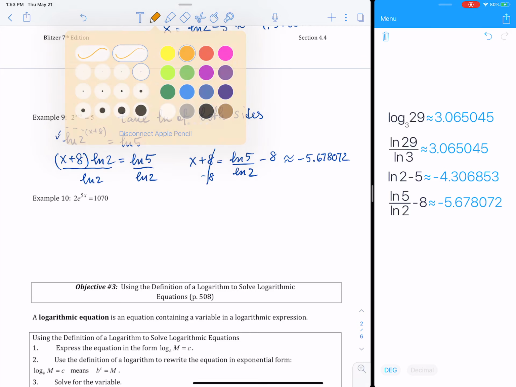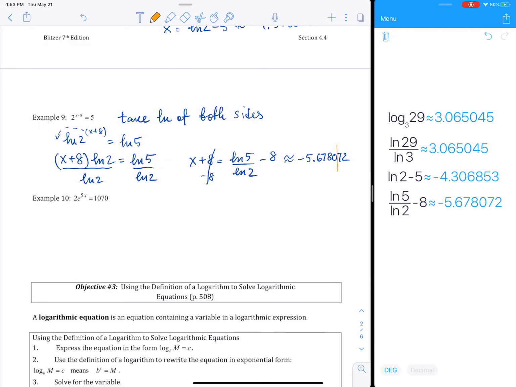As a reminder of how we round: I look at the next digit, and if it is 5, 6, 7, 8, or 9, I round up to negative 5.6781. But if this digit is less than 5, 0, 1, 2, 3, or 4, I round down.